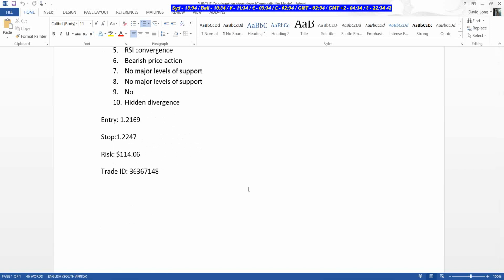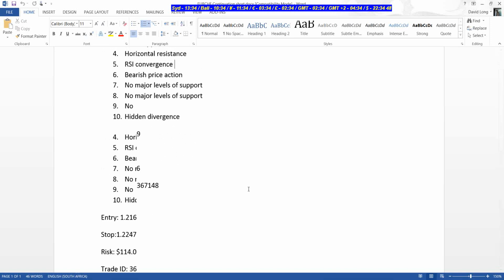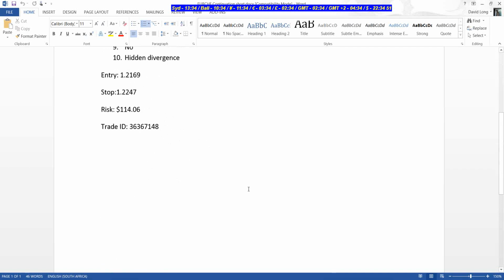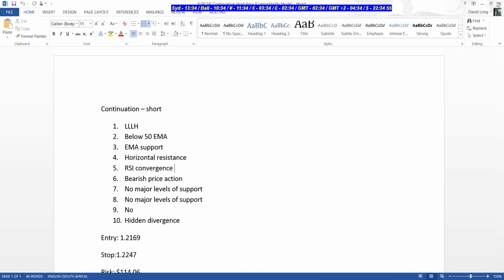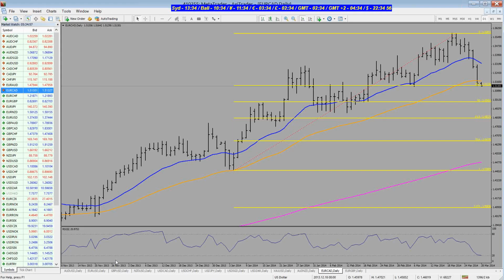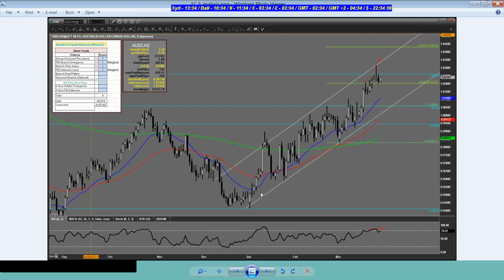Whose was that? Oh, that was the Euro Swiss. Yeah. Okay. Covered that. Cool. So, a couple of questions after this, but this is the last chart.